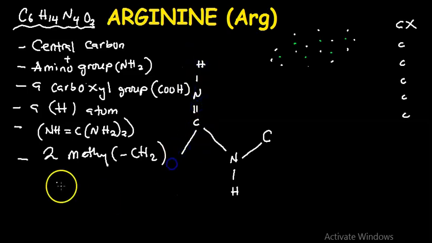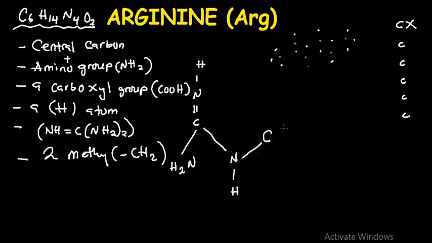In this case, the guanidino group has NH2, and here we're going to have H2N. So we're done with the side of the guanidino group. The next thing we need to write is the carboxyl group, the hydrogen atom, and the amino group, and we have already written the central carbon.